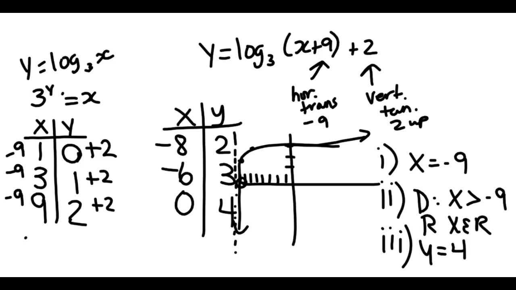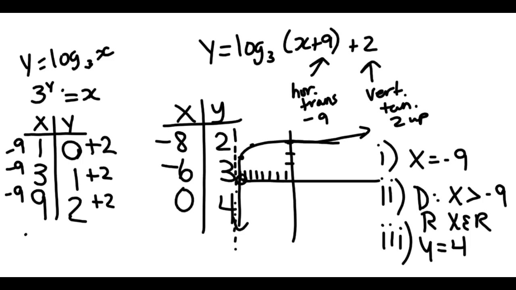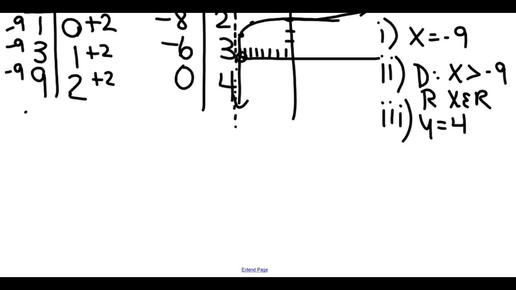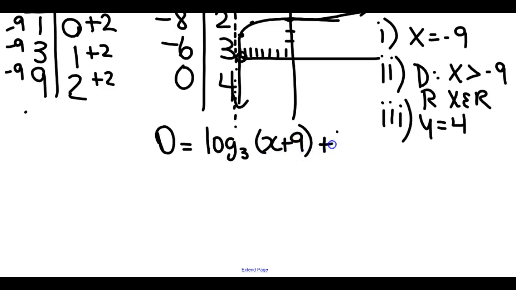Okay, so in order to solve for that, we have to remember how we solve for logs. So here's our equation. And we're going to let 0 equal y, right? Because if we want an x-intercept, you put 0 for y. So our equation was this, right? Usually we'd have something and then equals something.